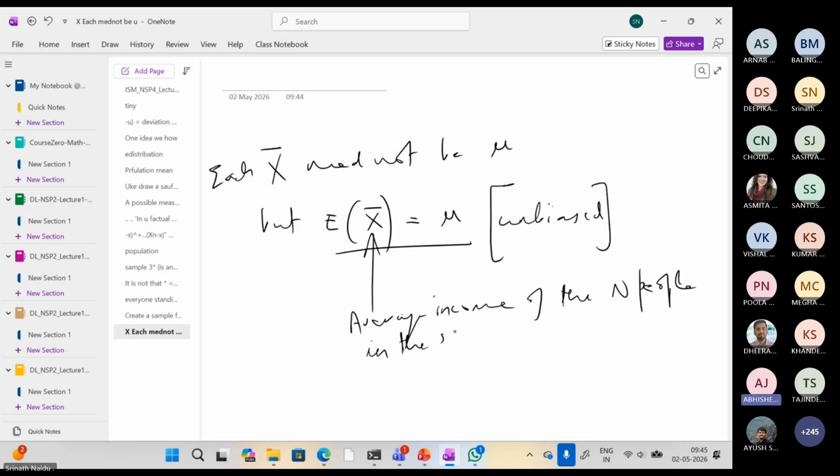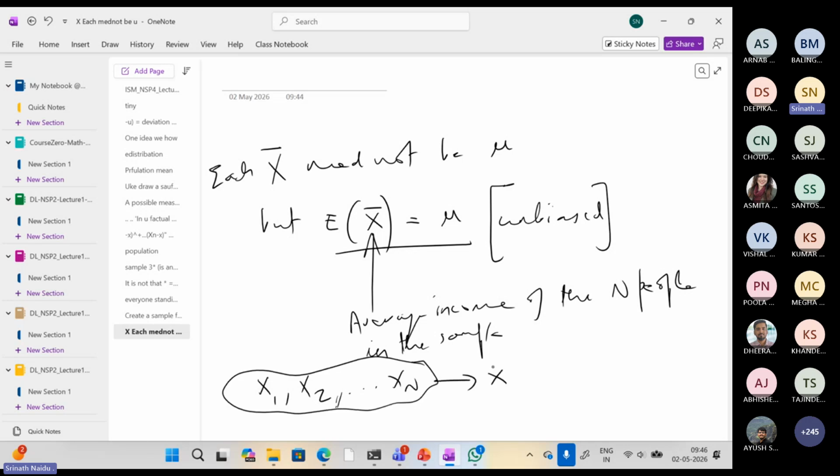And what is X? X is a particular person, right? So it's like this. You have X1, X2, Xn. This is a bag consisting of a sample. Out of this, you have created X bar.